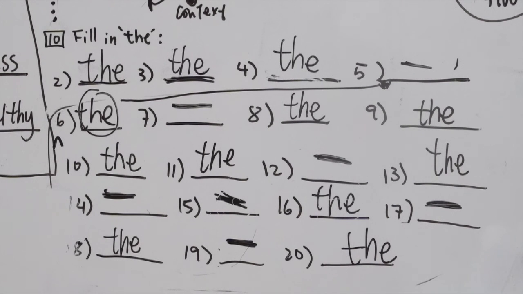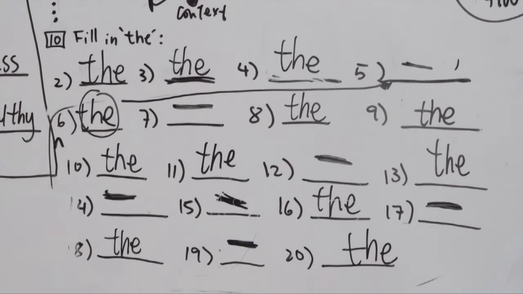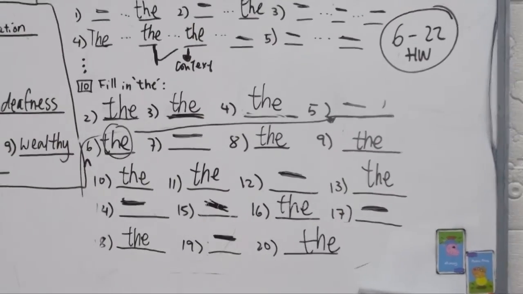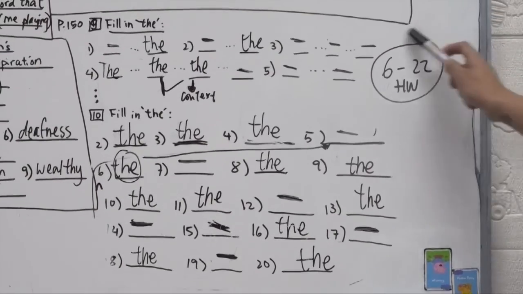So look at the dictionary and see what kind of words. You can write them down and then we will maybe talk about them if we go back to class. All right, so please read so you won't forget anything. It's important to read and revise so you won't forget, otherwise it's pointless that you listen to me and then forget everything. All right, so please remember, we have a homework.